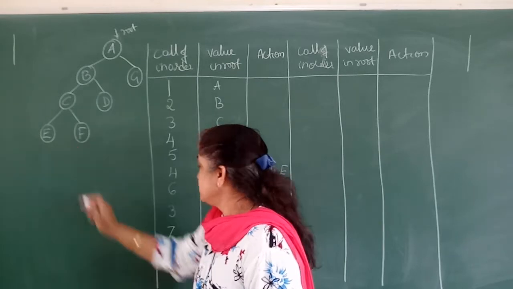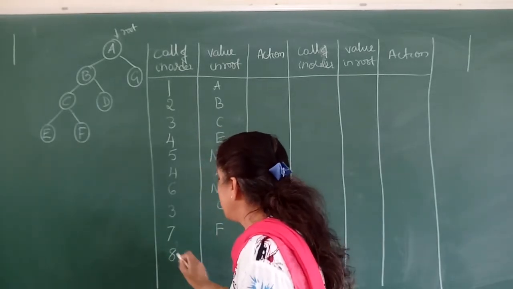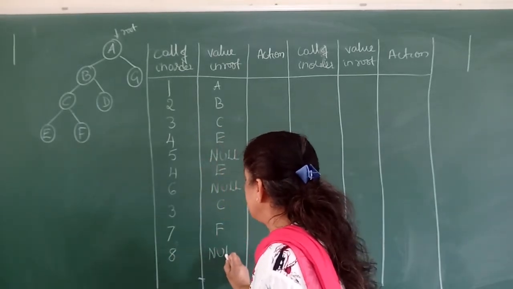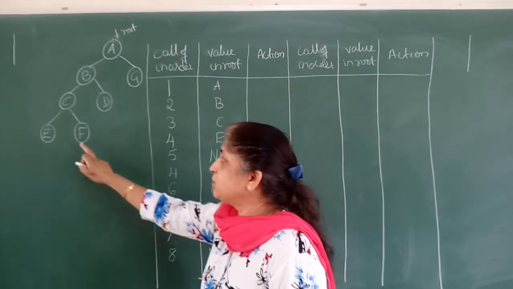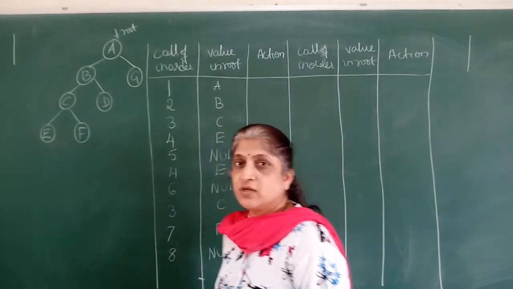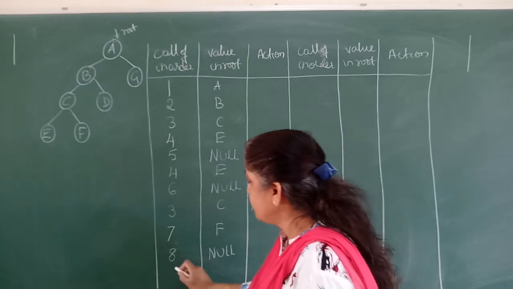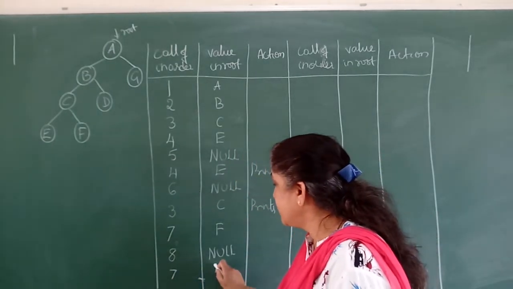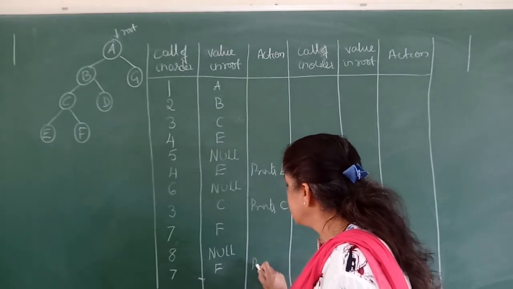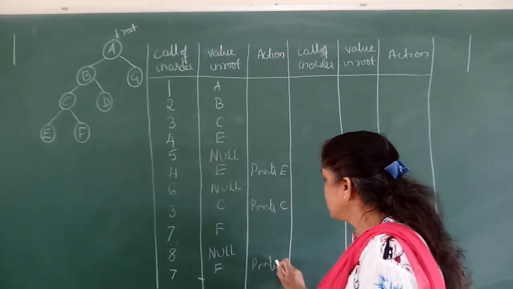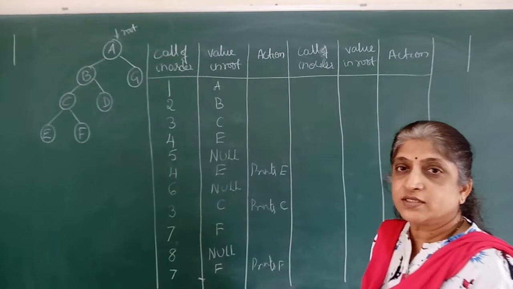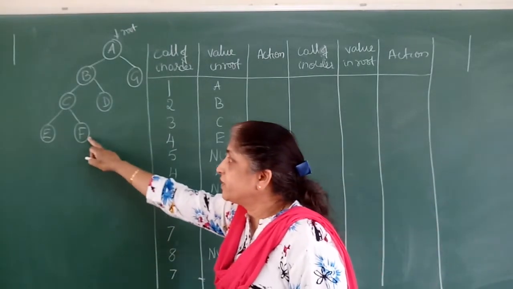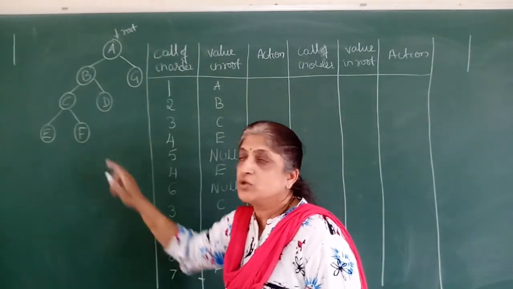This calls again: the eighth call has the value null. Since the value is null, control returns to the calling function, call number 7, which had f. It prints f. Now that it has printed f, it has to call the function again with the right subtree of f.